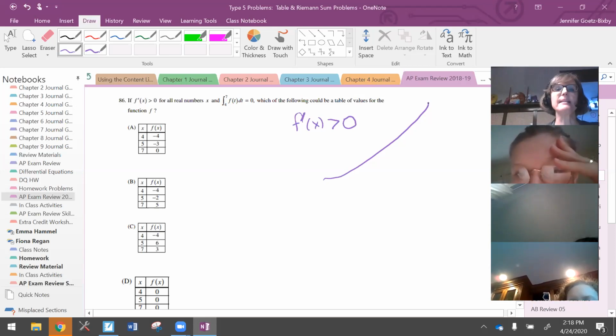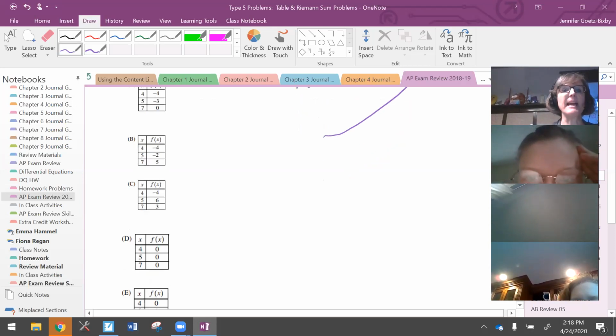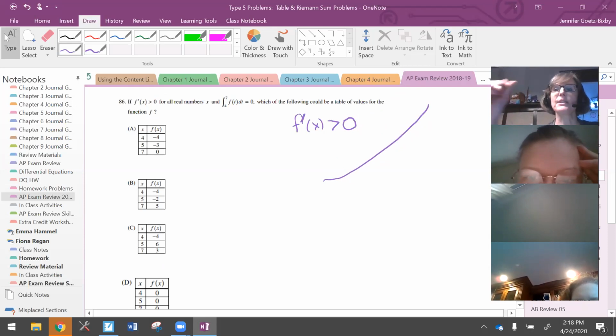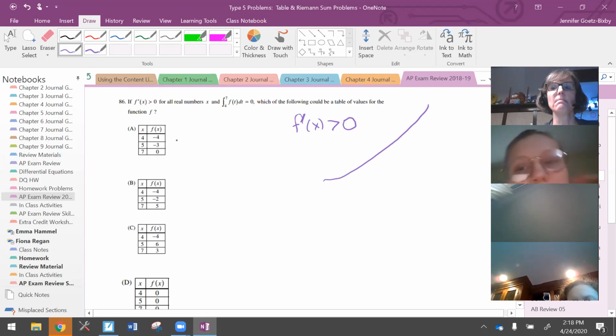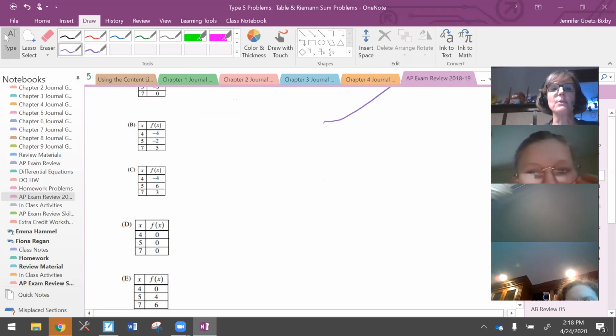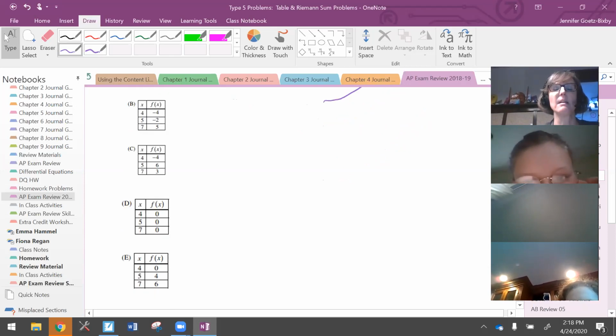So basically that means that when I look at my options over here, the numbers have to keep getting bigger. So are the values in A increasing? Yes. Okay, so that's a candidate. How about B? Yes. Okay, how about C? No, because I go from 6 to 3.